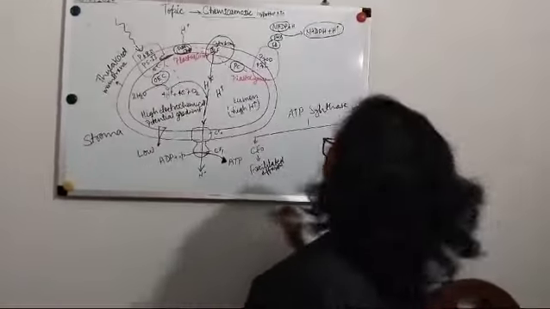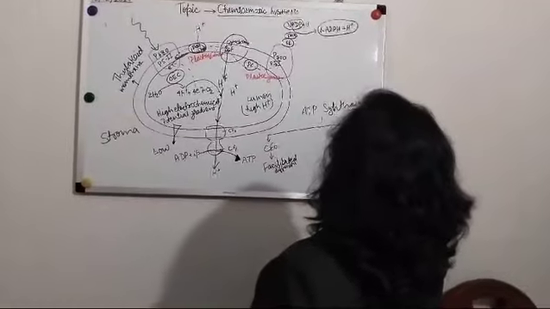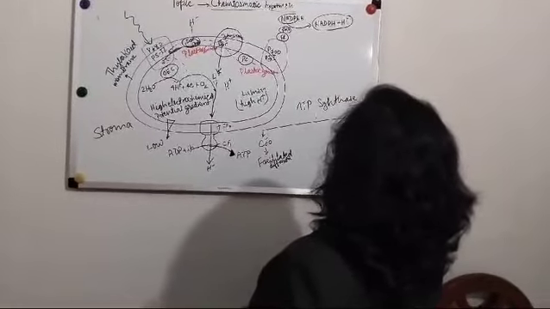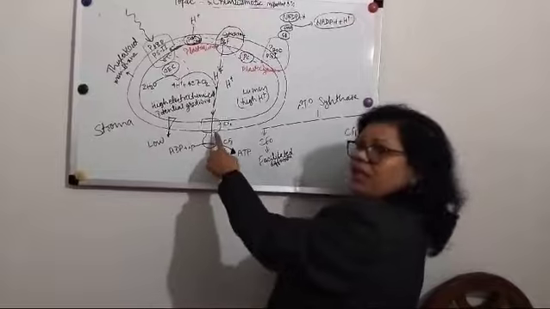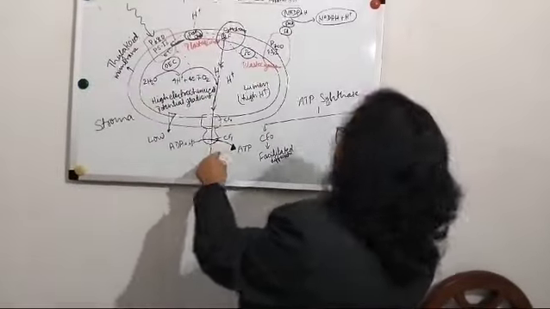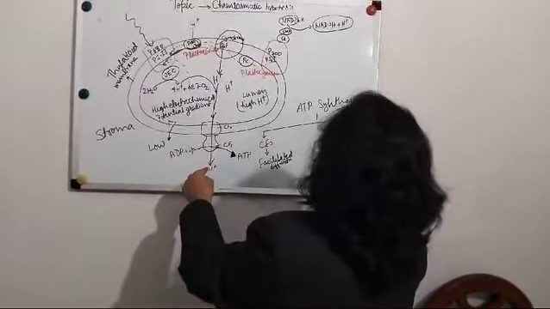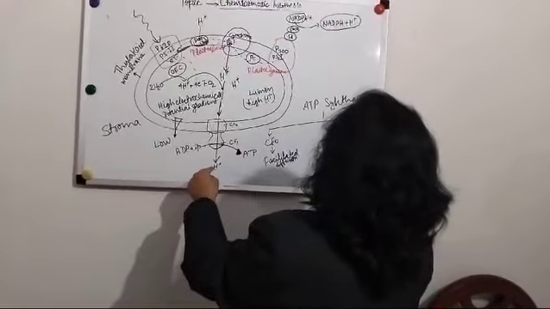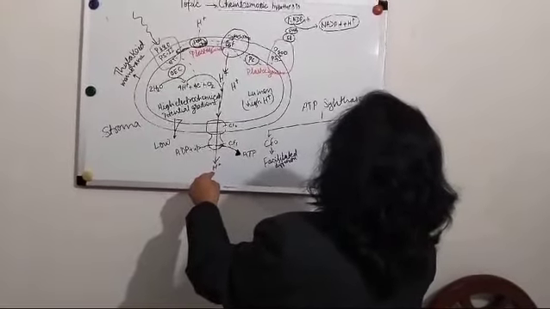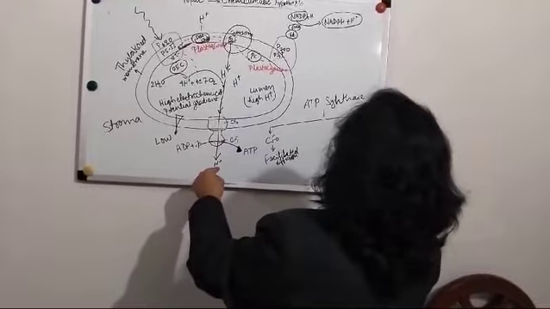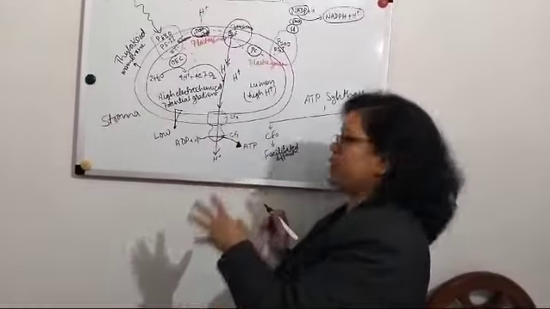Whereas the other part is the CF1 part, which protrudes towards the stroma. This part has the enzyme ATP synthase. That means this one is the catalytic part.